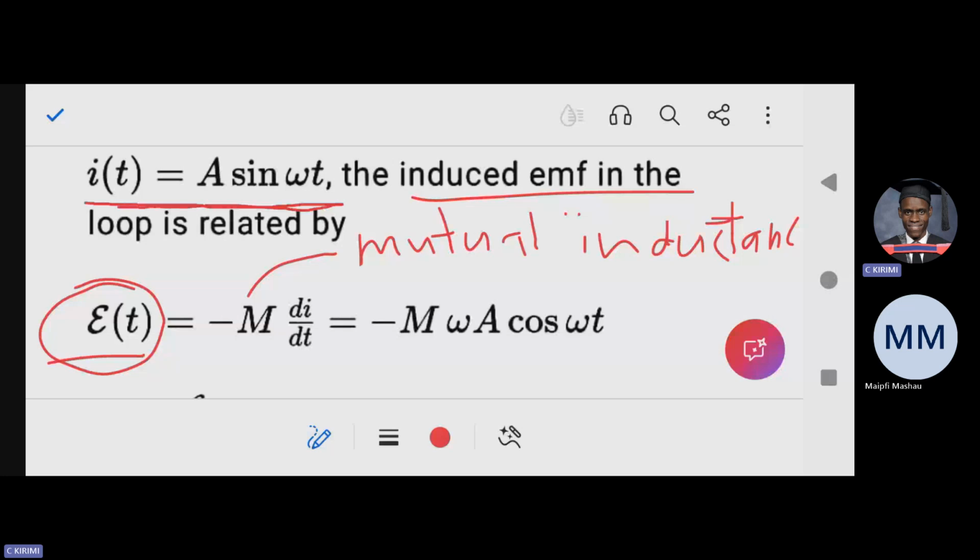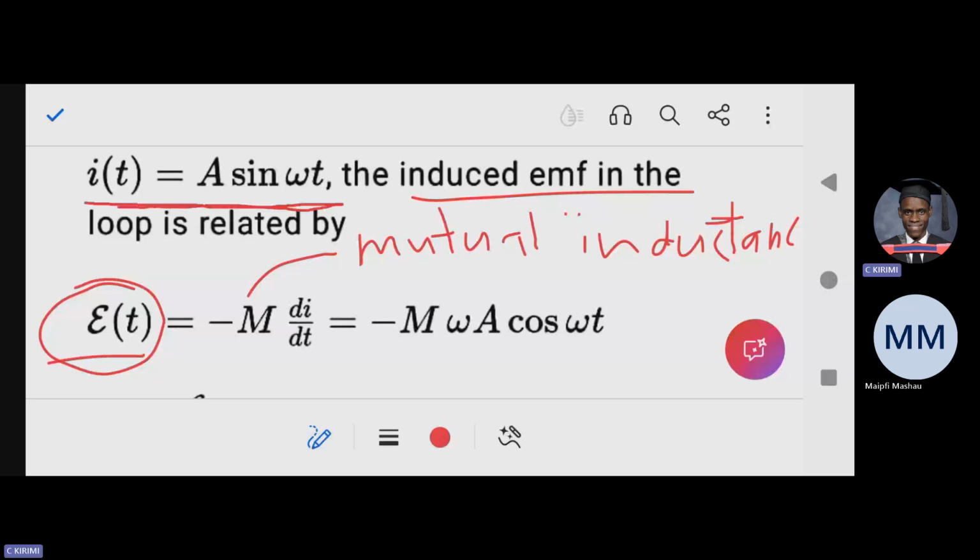It means cos omega t. Because of the chain rule, you also differentiate what is inside the bracket of cos, which means the omega will also come out. So after you differentiate, di dt, you get omega A cos omega t. The mutual inductance is a constant sitting on the left.